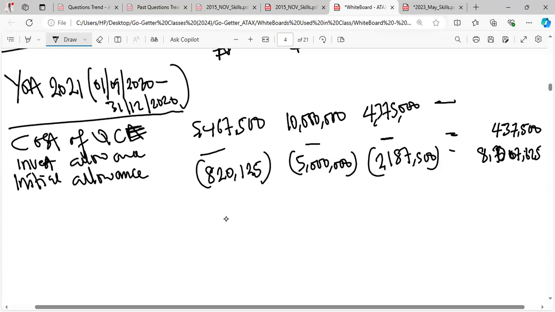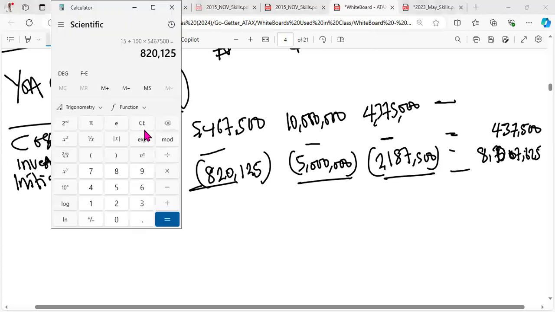So that's my initial allowance. So what do I have? I'll need to minus this to get a tax written down value. I have 5,467,500 minus 820,125.